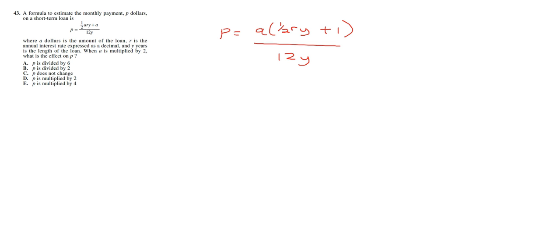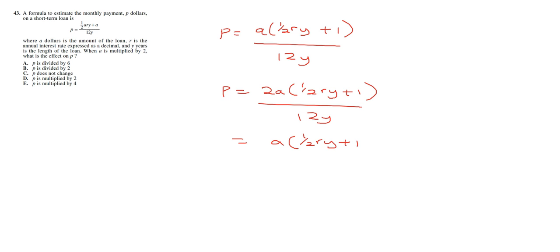So if we multiply A by 2, P is 2A times (1/2 RY plus 1 over 12Y). So this is going to give us A times (1/2 RY plus 1 over 6).